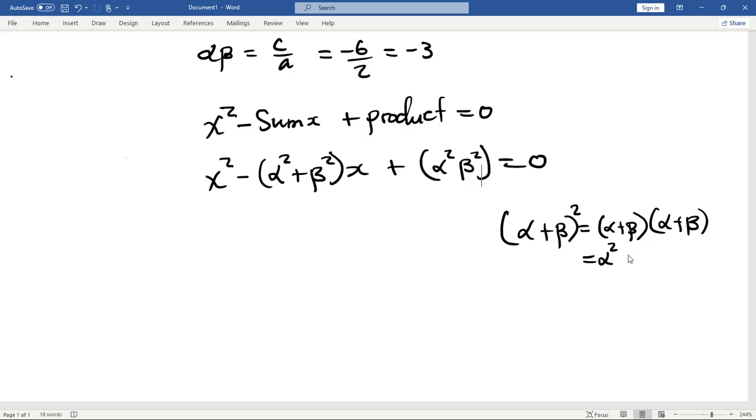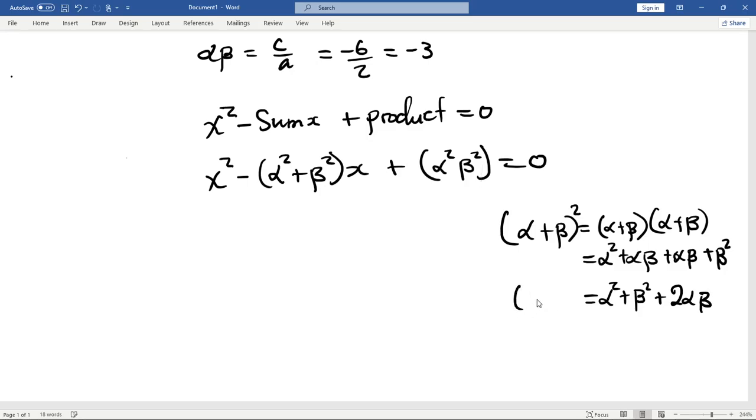Alpha times beta, we get alpha beta. Beta times alpha, we get alpha beta. Then beta times beta, we get beta squared. So now we're going to have alpha squared plus beta squared plus alpha beta and alpha beta. These are like terms, so we can add their coefficients, and we get 2 alpha beta.